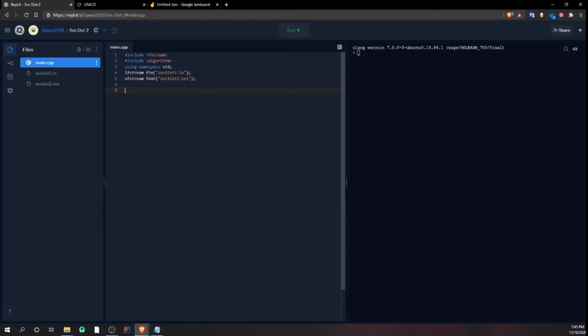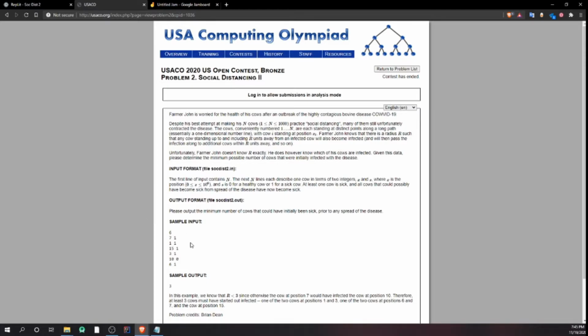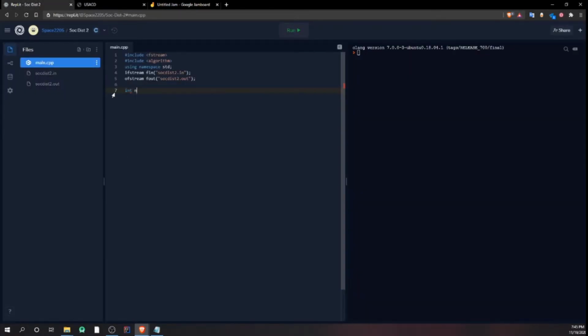Okay, now we notice that we have int n, and I'll also use vectors because vectors are cool. So we'll include vector, and then we can create our main function. Here we go.